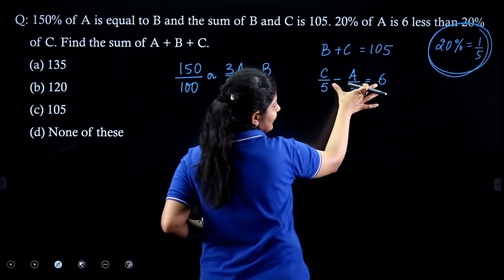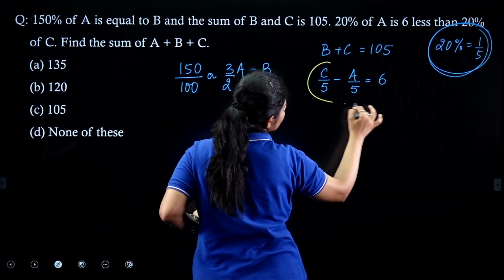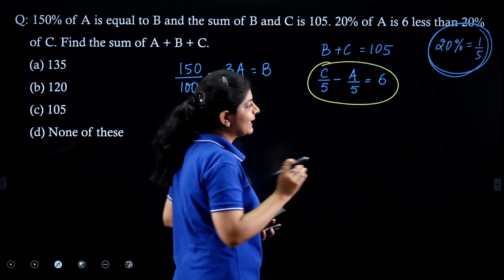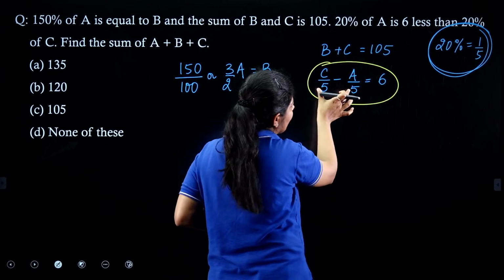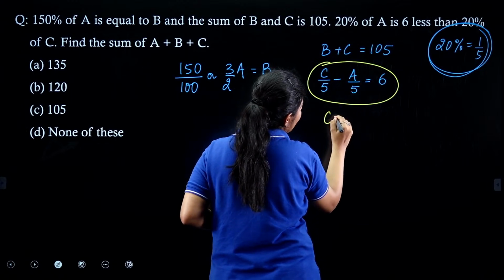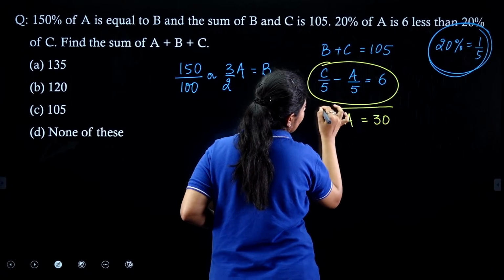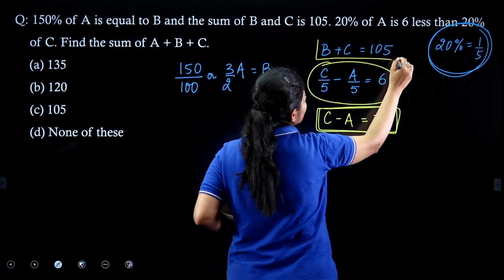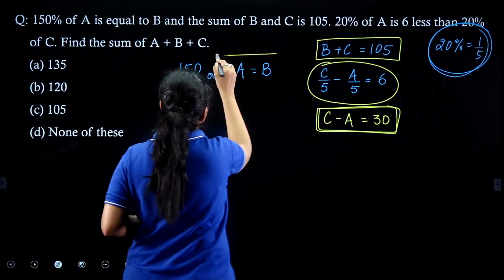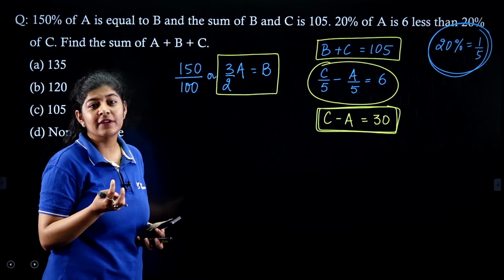If I simplify this particular equation, I am only talking about this particular equation. If I simplify this, I'll take 5 as the LCM and I'll transfer this 5 over here and I'll get C minus A is equal to 30, right? I'll get this as my equation, and I am having this as well and this as well. Now I am having 3 different clues and 3 different variables.